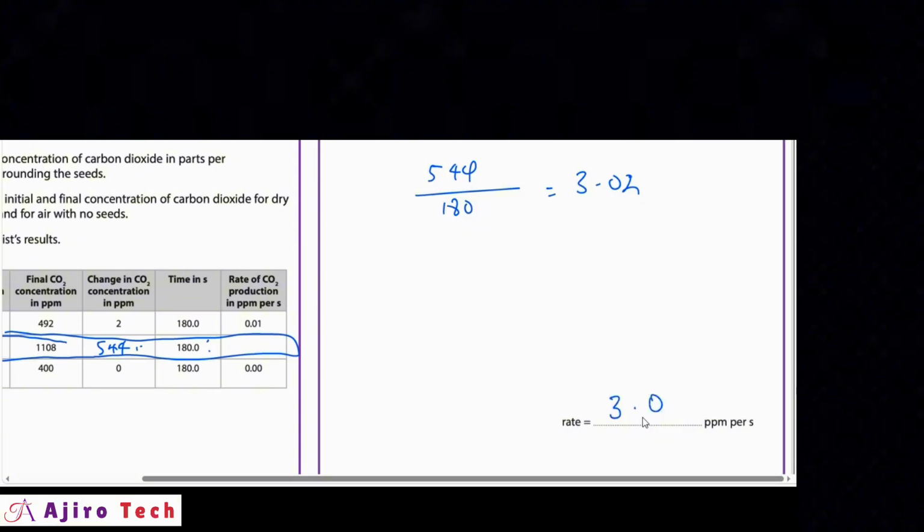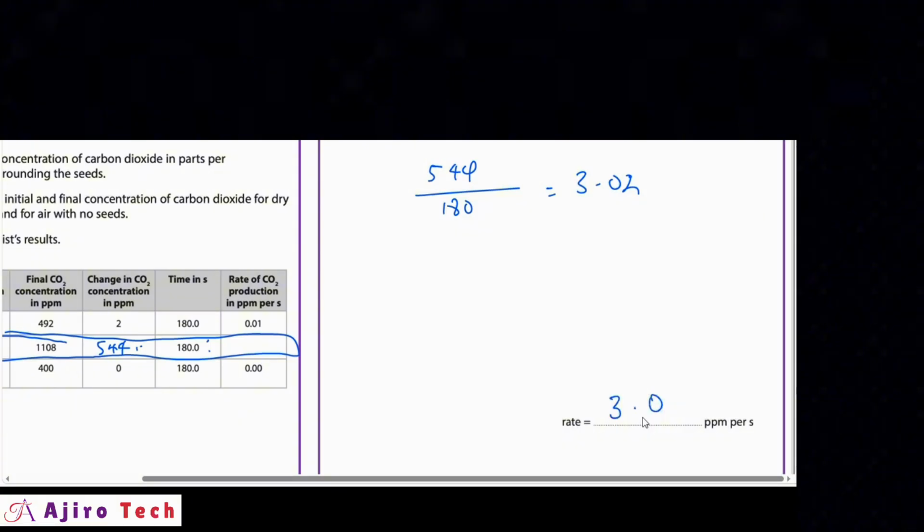Now, what we need to do is comment on the method, and we also need to comment about the results that the scientists got from the investigation. Do you understand? Now, let's start with the results first.